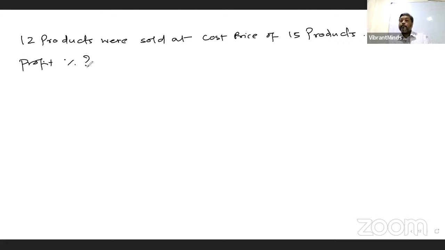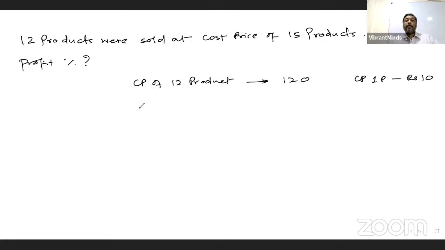Okay. Find the profit percent. Now understand. Let's say you can take it like this. Cost price of 12 products, you mark it as 120. That is cost price of one product, rupees 10.